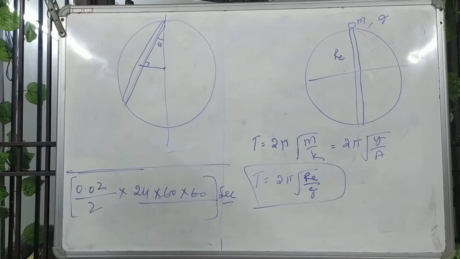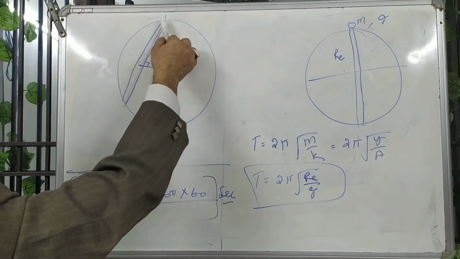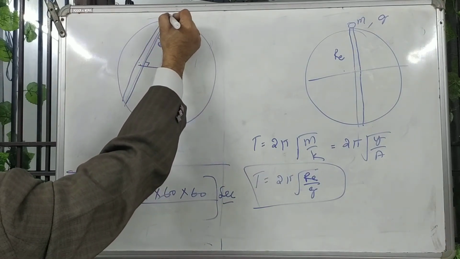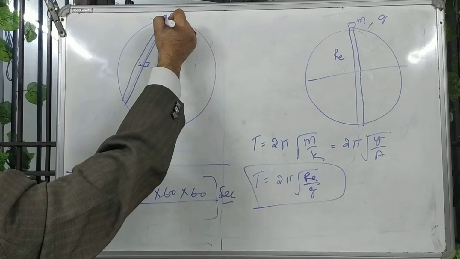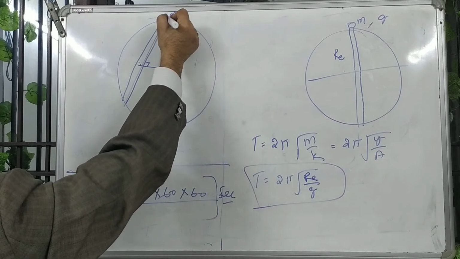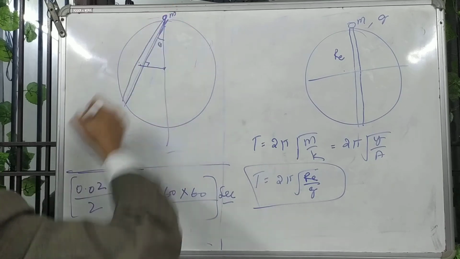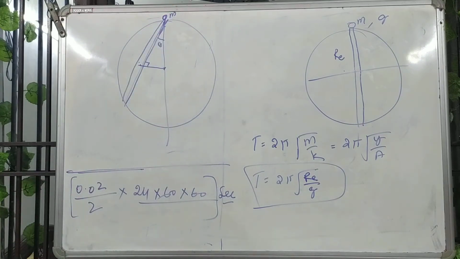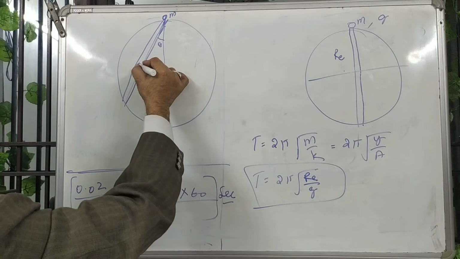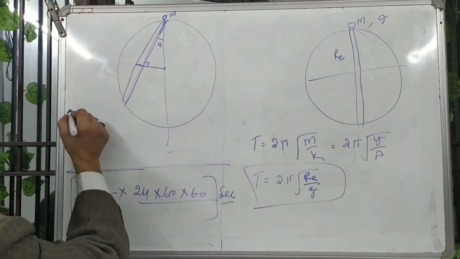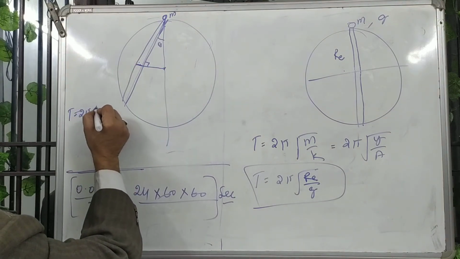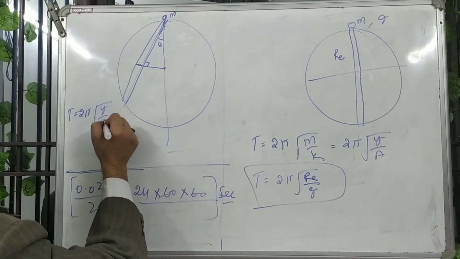Now if you release a mass m body from this point in this tunnel, it will come over here and oscillate along this. Now you have to find the time period. In this case, time period T equals 2 pi root y upon a.